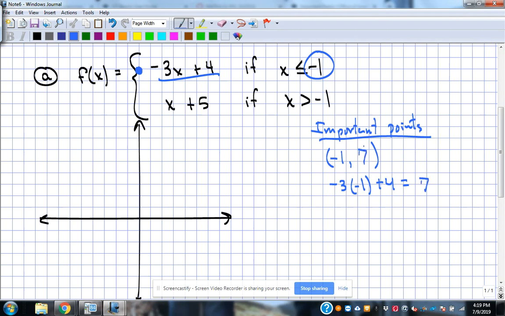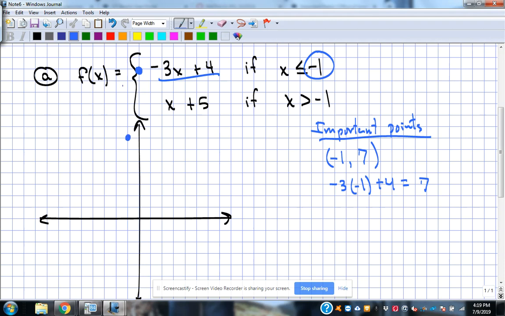So the ordered pair that's important is negative 1, 7. For that piece, that's an important point. And it is a closed dot because it has an equal to mark on the inequality. It's got that line underneath it. So that means I'm going to go to negative 1 and then 7. 1, 2, 3, 4, 5, 6, 7. There, I'm going to put a closed dot.